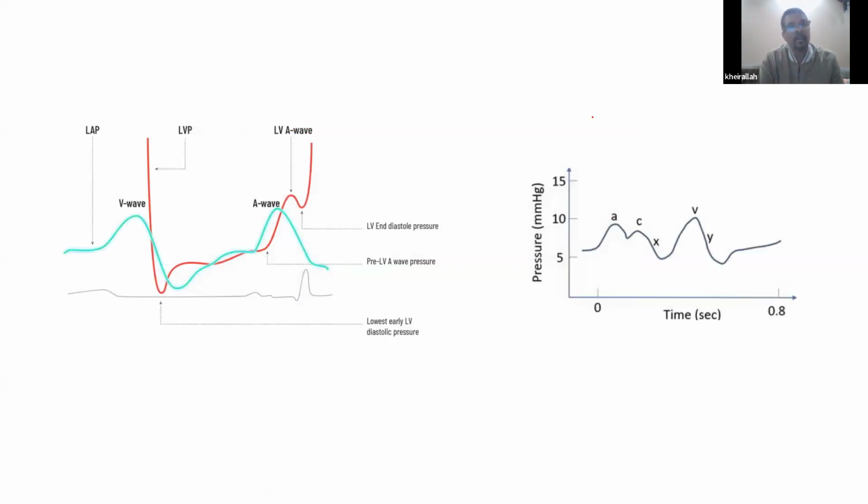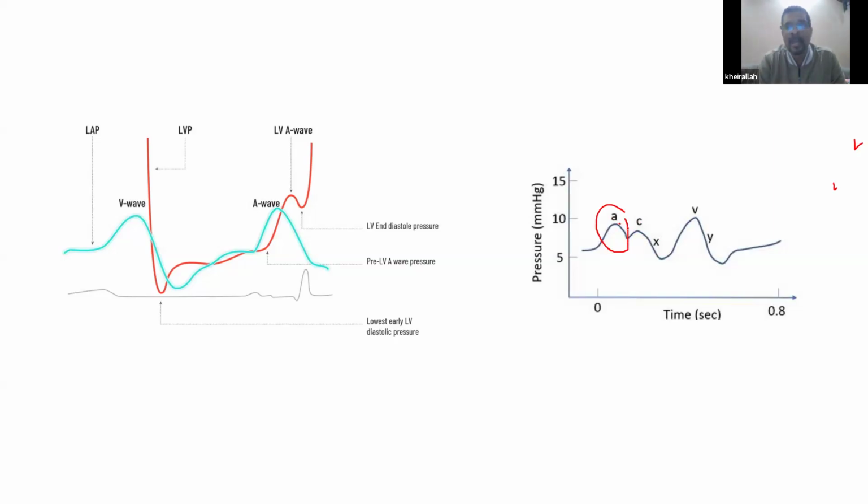Now here again, we have the A wave. Look here: A wave, C, X, V, and Y. And this reminds us of the venous pressure tracing, the same. It follows the same waves. Jugular venous pressure: A, C, X, V, Y. Yes? A comes from what? A is the result of atrial contraction.